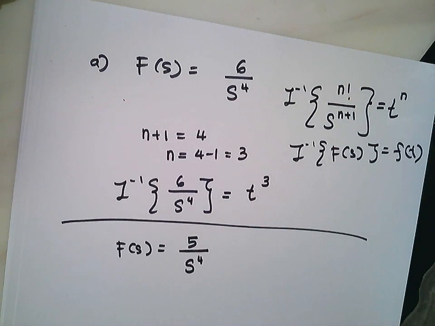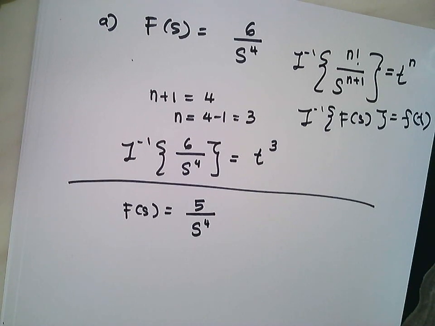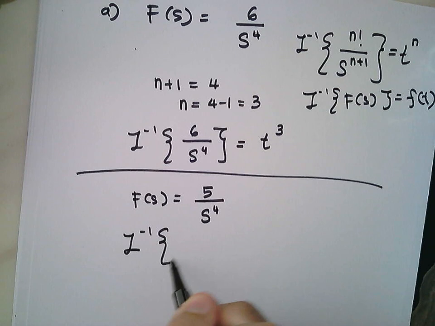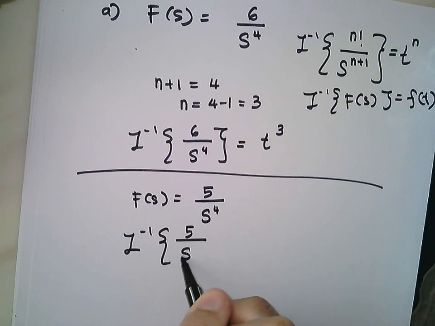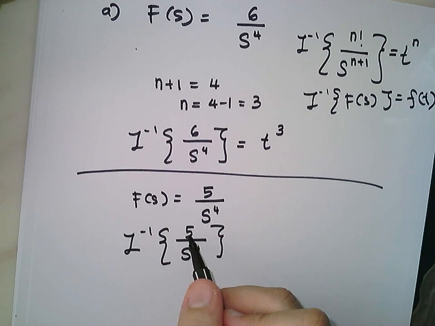So I always remind my students to just factorize the constant first. You know that you are going to find the Laplace inverse of 5 over s to the power of 4, and you know that 5 is a constant.